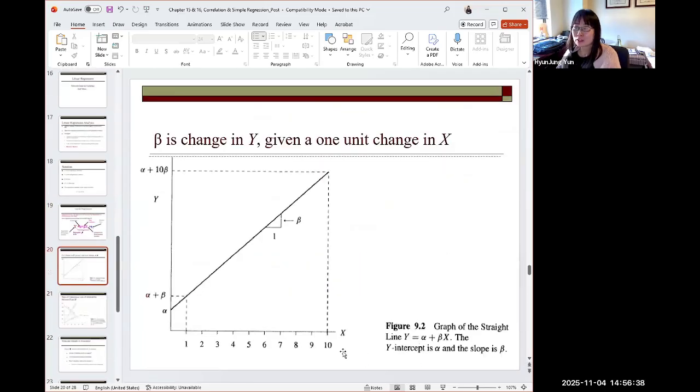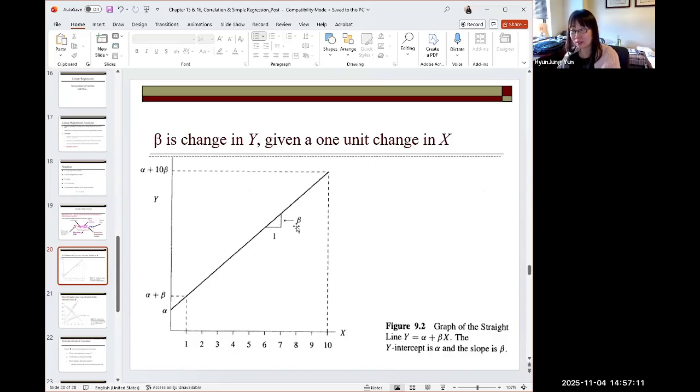Okay, so let's just talk about slope first, which is the beta that we want to represent for the population. In the equation model, the beta is the slope: when the x variable, the independent variable, changes by 1 unit, how much change is there in the y variable, your dependent variable?